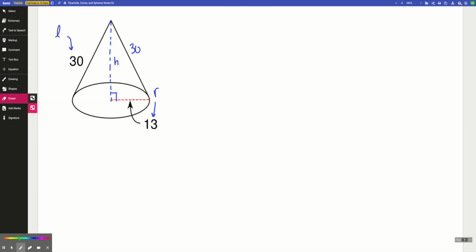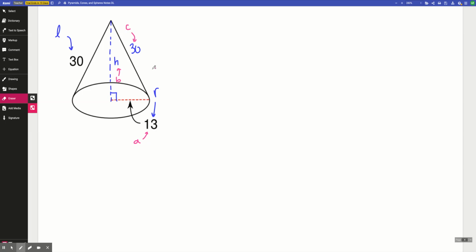So just to give you a little hint, this would be A in your Pythagorean Theorem, this would be B, and this would be C, okay? When you go through and solve this, your height should be less than 30.